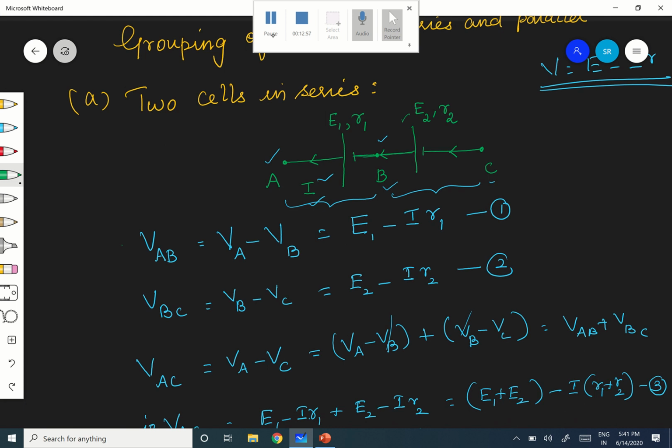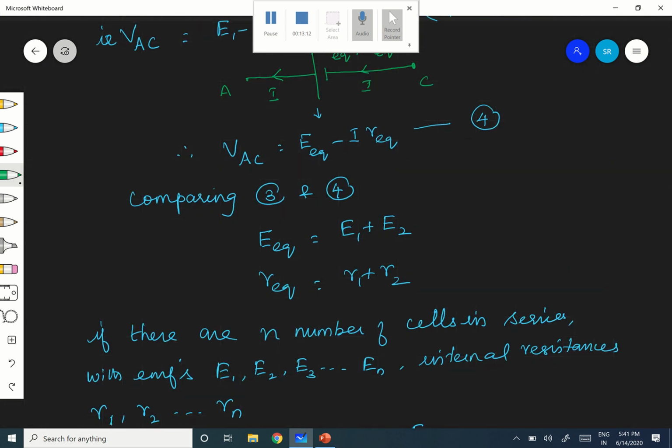So that the current is drawn from both the cells, the current goes only from the positive electrode. If it is the case, the EMF is positive.